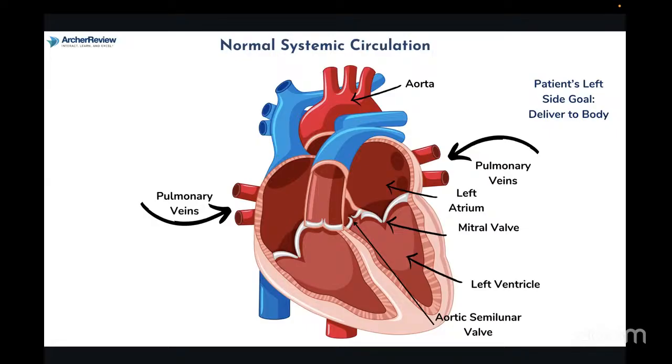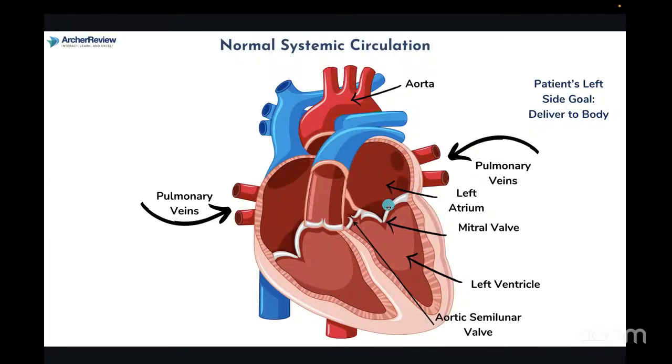So, blood coming from the lungs will be delivered back to the heart through pulmonary veins. Veins go back toward the heart, and they're pulmonary because they're coming from the lungs. Notice how they're on the patient's right and left side because you have lung tissue on both sides of the body. So the blood comes in through the pulmonary veins and it pools into the patient's left atrium.